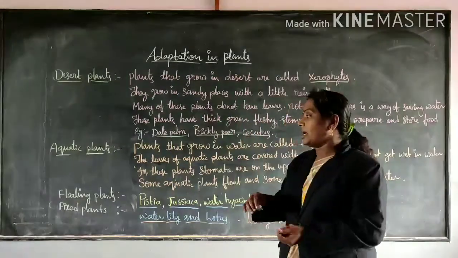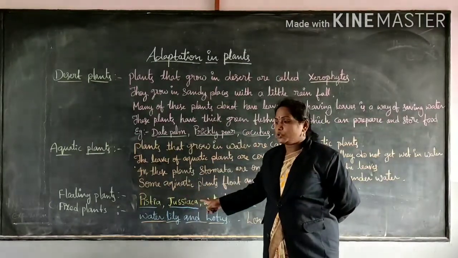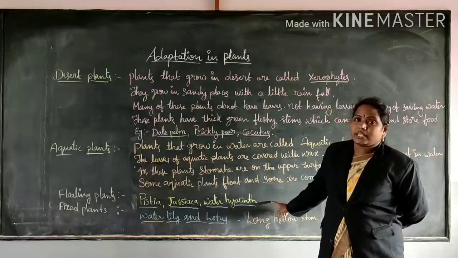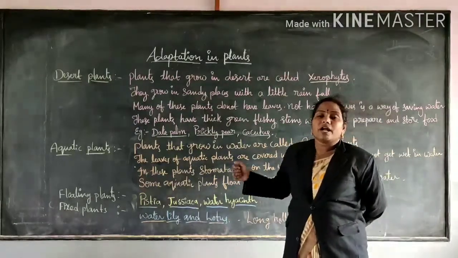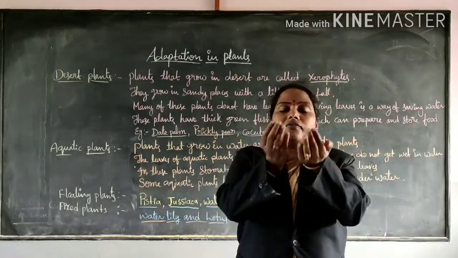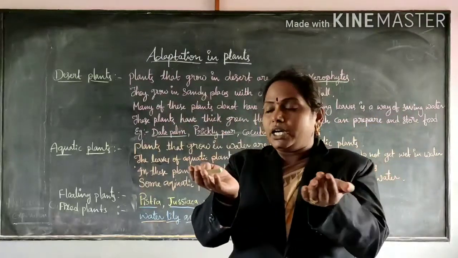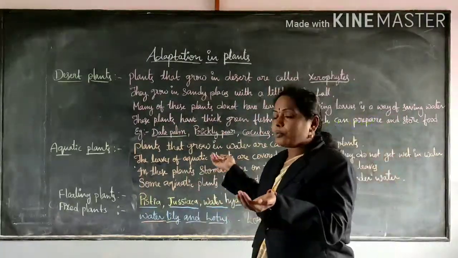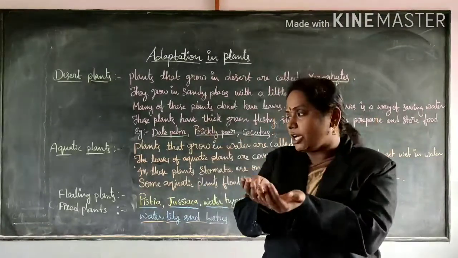Here, what are the floating plants? Pistia, Jusia, water hyacinth are the floating plants. So here, what is the speciality? The leaves and the flower float on water, and the remaining portion, the total plant body, floats on water.